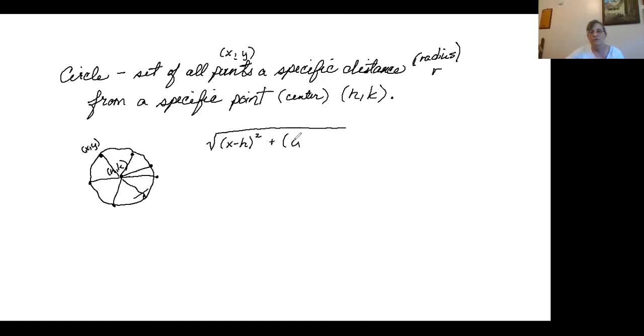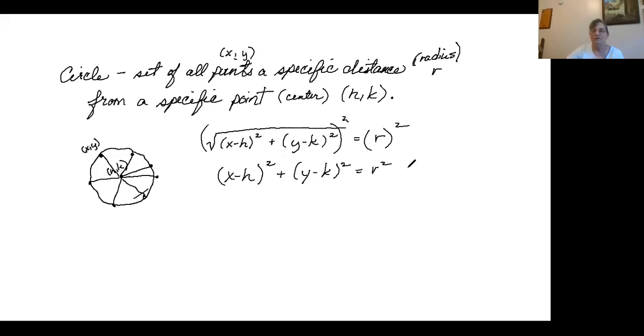So the distance here would be Y minus K. Distance formula says square it, that's equal to the distance, which is R. Now with a circle, we typically don't bother writing this big square root the whole time. So we just go ahead and square both sides back again so that we've got it in the form X minus H squared plus Y minus K squared equals R squared.